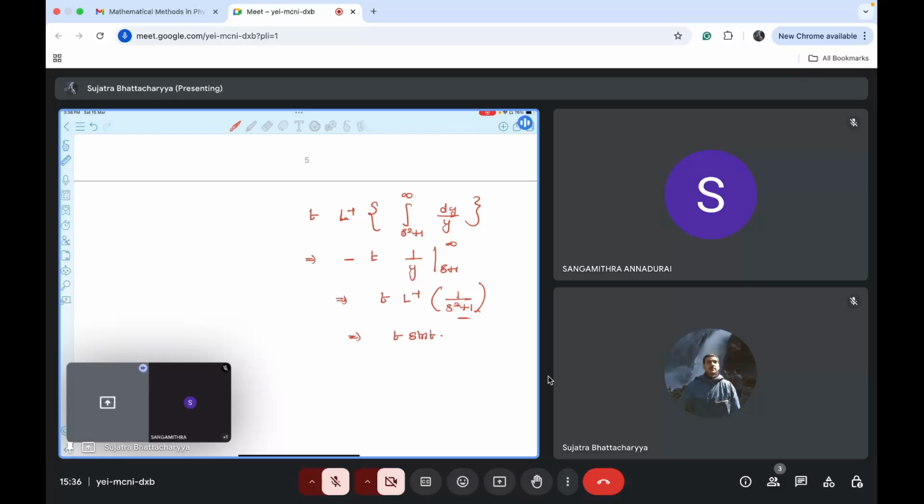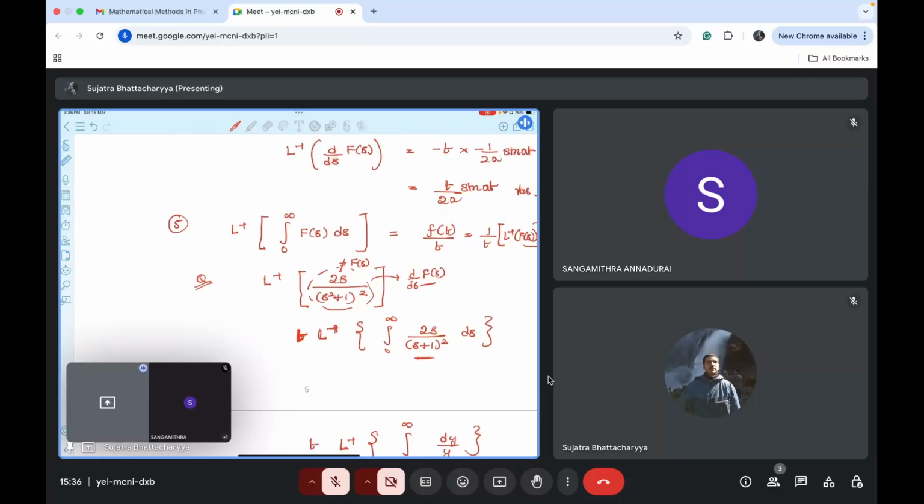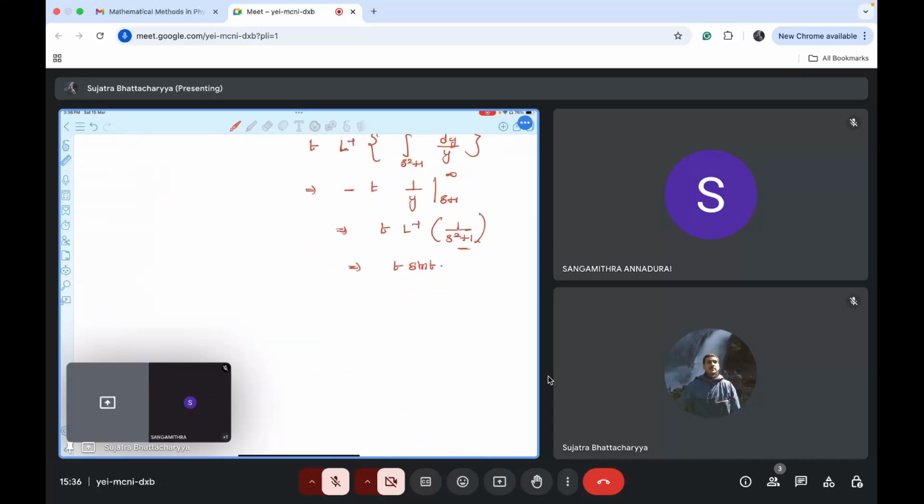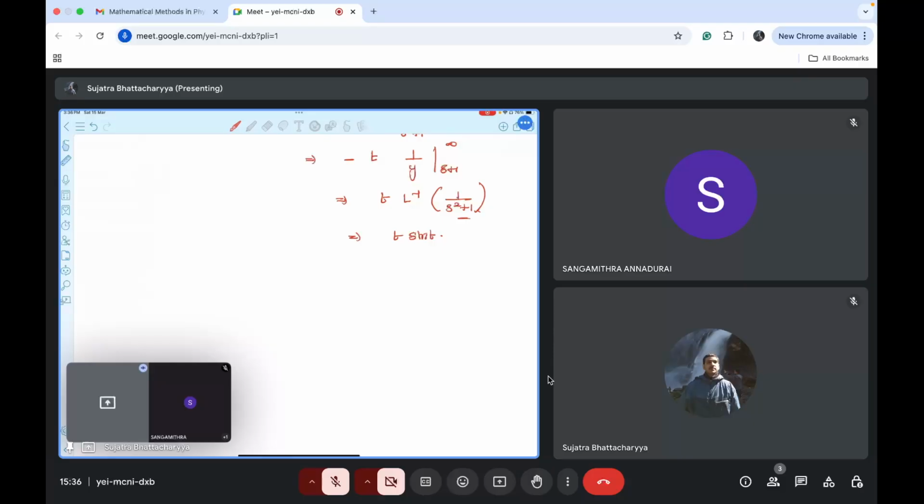This is somewhat complicated, you don't need to focus so much on this. I think it is not very important, so you can leave this part because it is somewhat a way of complicating things.